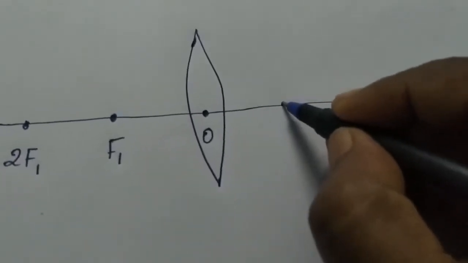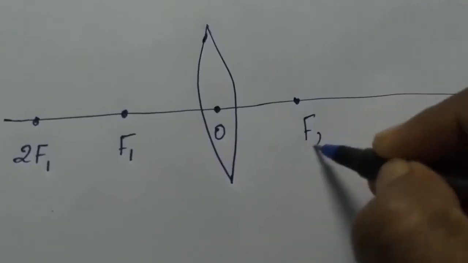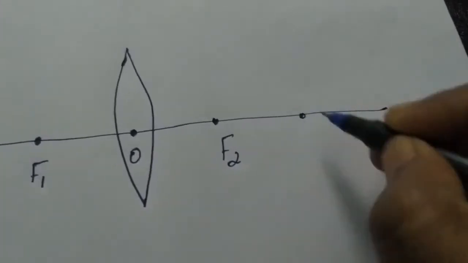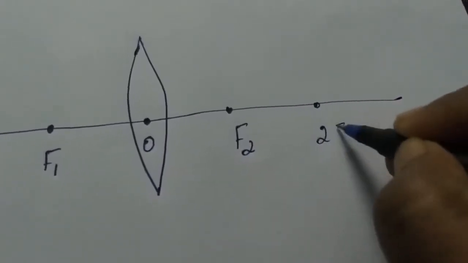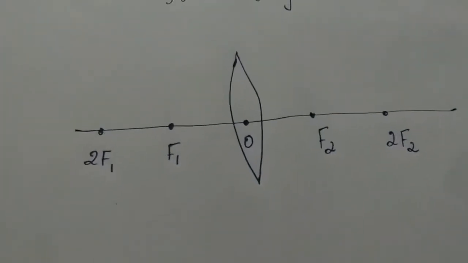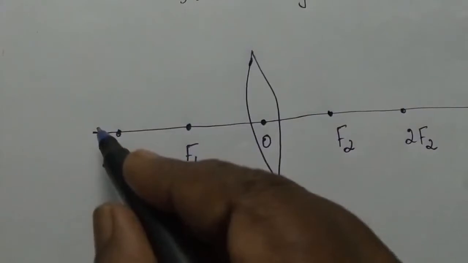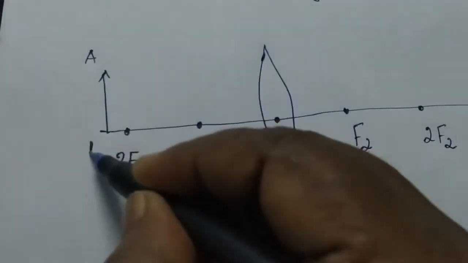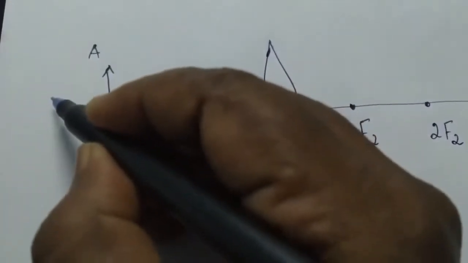Where the object is kept beyond F1, here we are going to place the object. AB is nothing but the object.